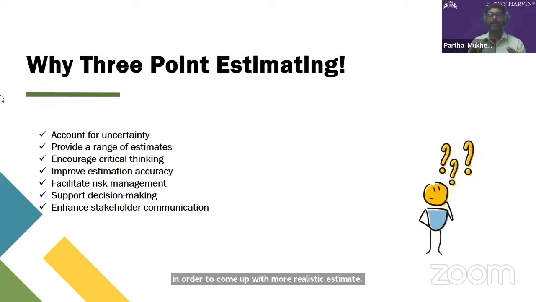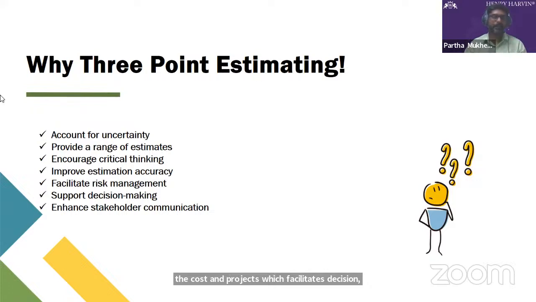It is facilitating risk management. We can identify the potential risks, we can identify the potential opportunities, and we can inform the risk management team to help with strategies and contingency planning. This 3-point estimating again yields more insightful views on the cost and schedules of projects, which facilitates decision making and resource estimation.